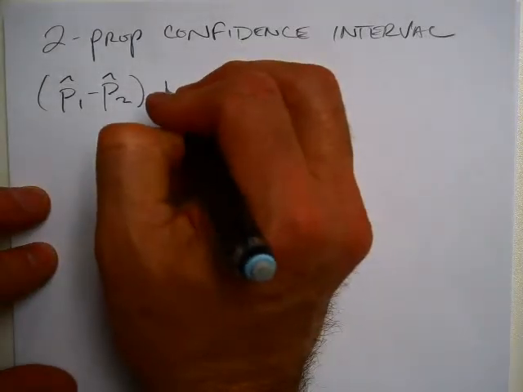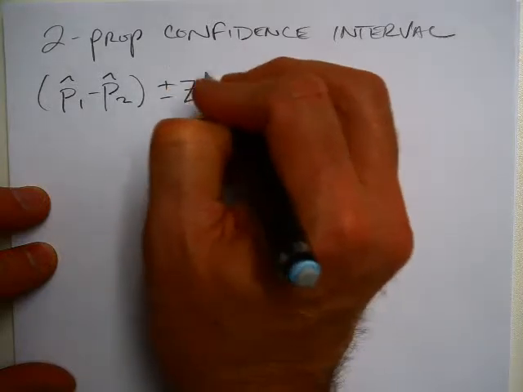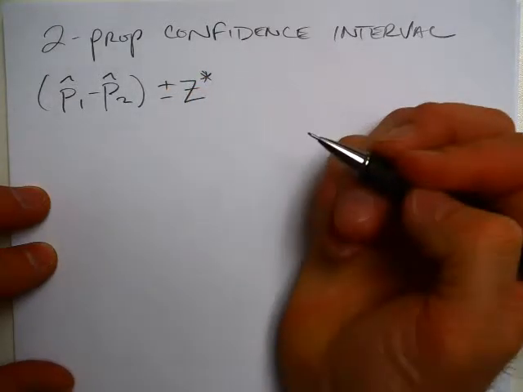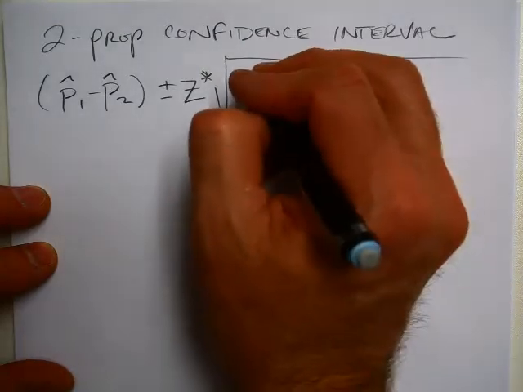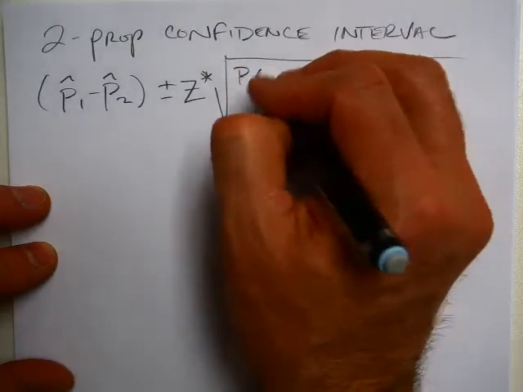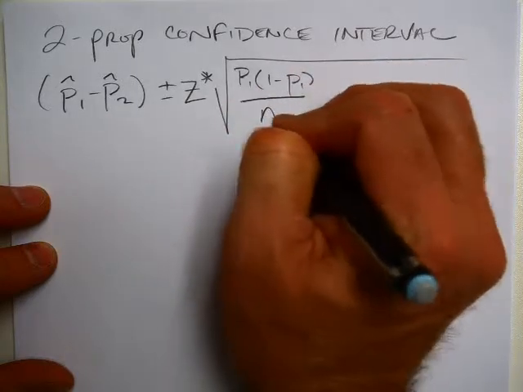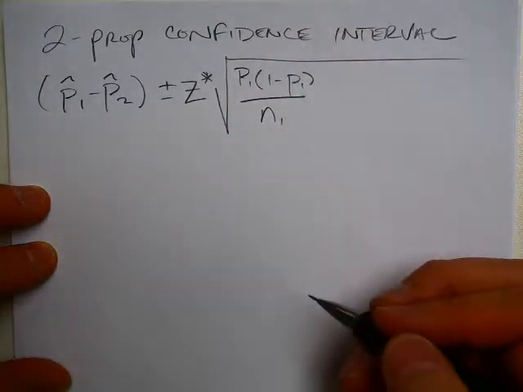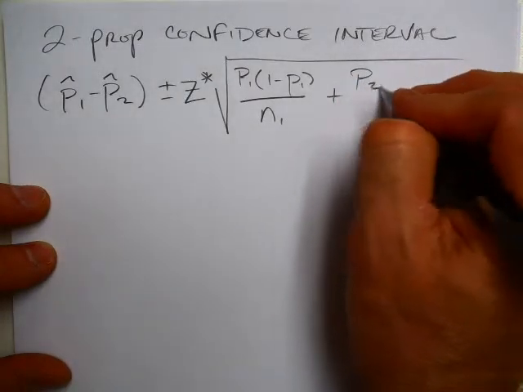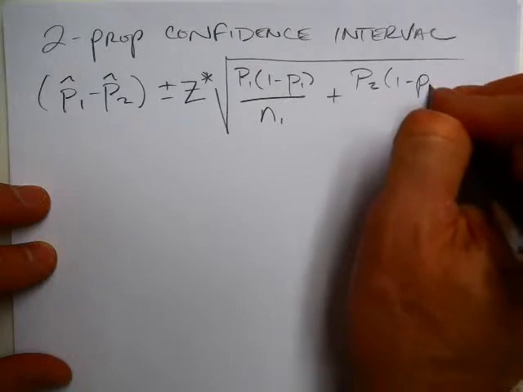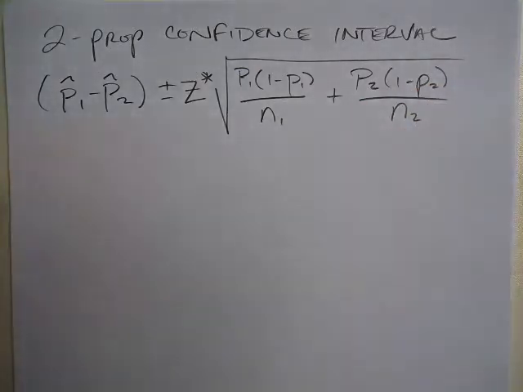All right, and it's been a while since we've done a confidence interval, but that's going to be plus or minus z star times the square root of p sub 1 times 1 minus p sub 1 all over n sub 1 plus p sub 2 times 1 minus p sub 2 all over n sub 2.